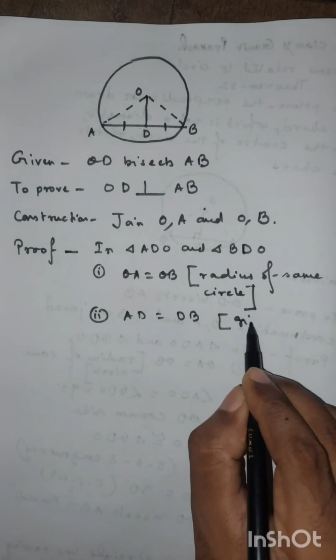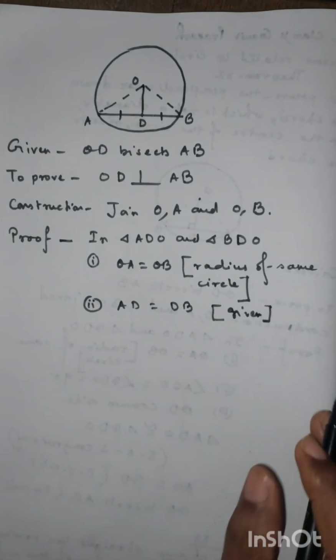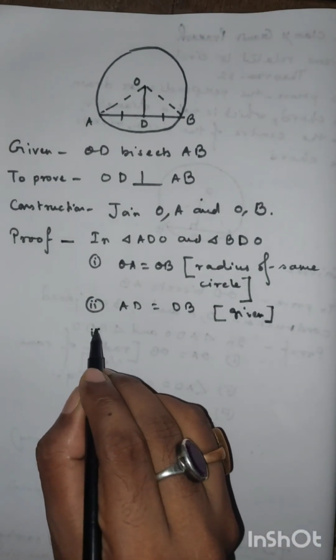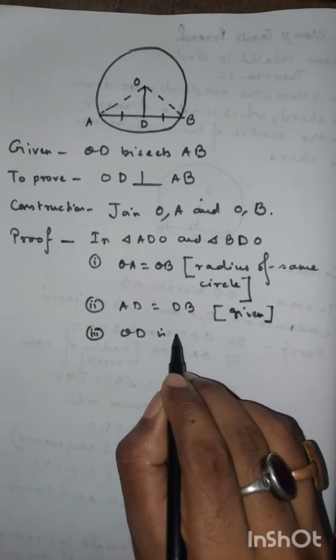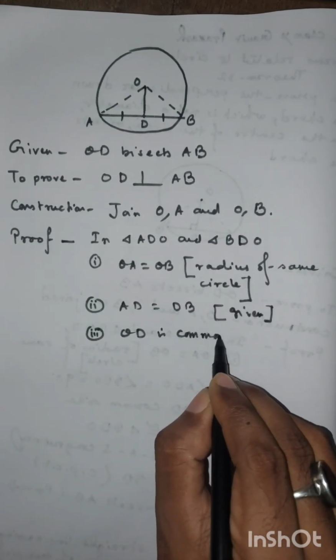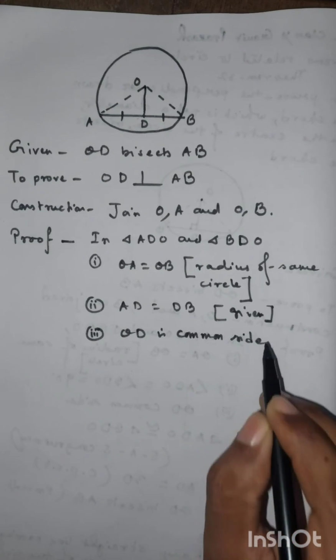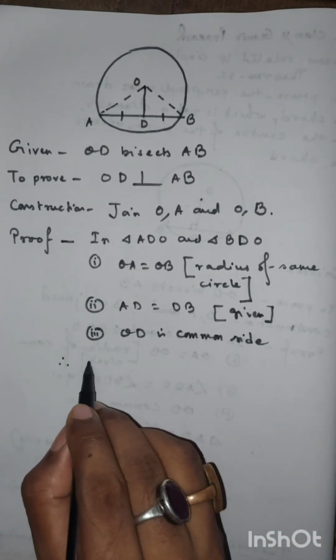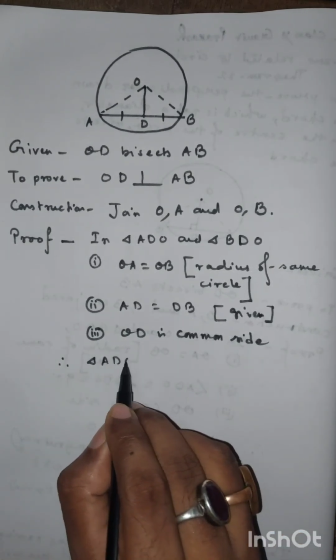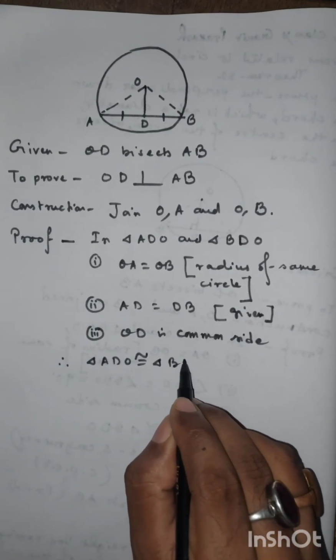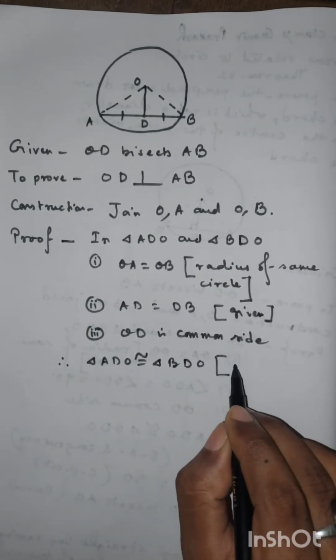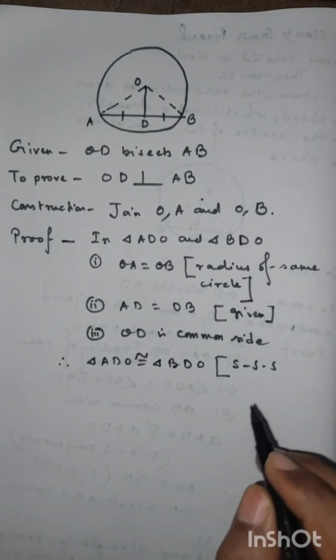It is given. OD is common side. Therefore, triangle ADO is congruent to triangle BDO, side, side, side congruency.